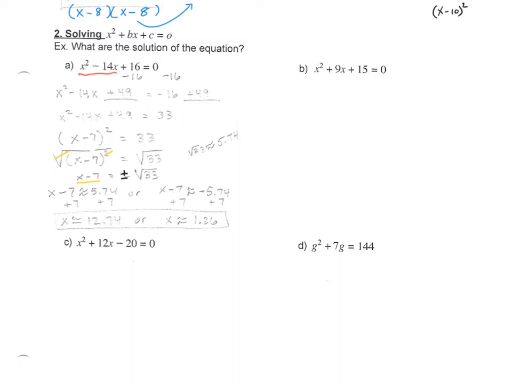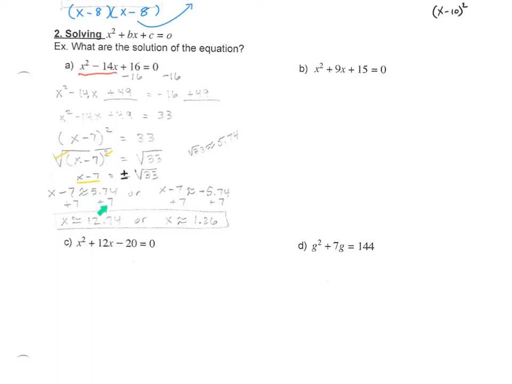As we continue on, now there's no longer a mower running in the background, I found that the square root of 33 is approximately 5.74. So I have x minus 7 is approximately equal to 5.74.